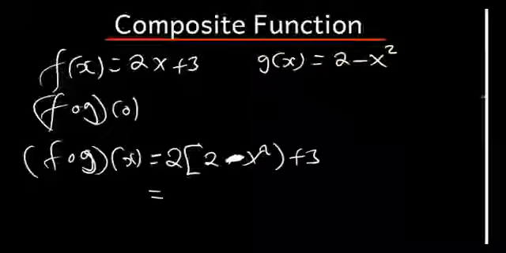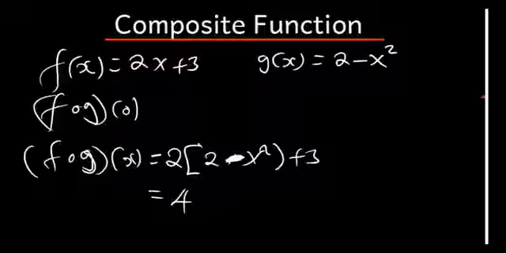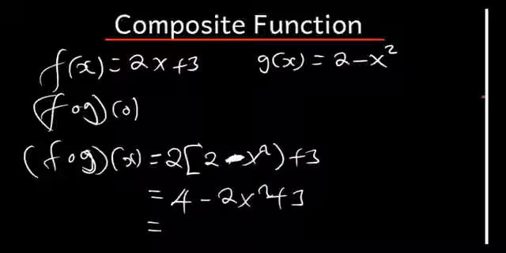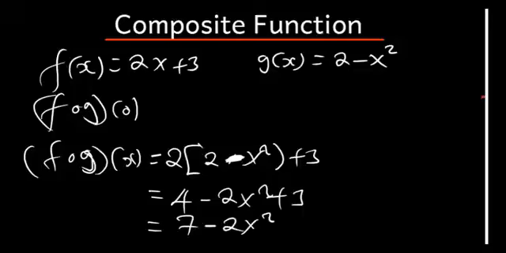So this is going to be 4 minus 2x squared plus 3. I can simplify this: 4 plus 3 is 7, minus 2x squared.